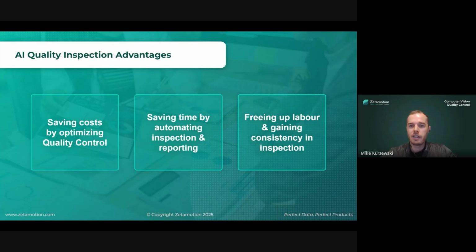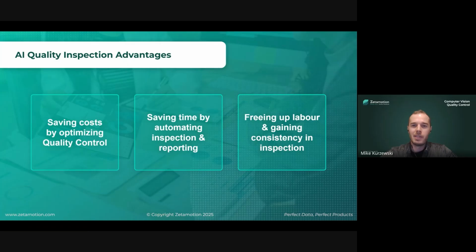And then obviously the last one is freeing up labor and gaining consistency in inspection. Now, with manual inspection, there's obviously a lot of human error and human fatigue. We've spoken to a few clients in the industry that are doing manual inspection, and some of them are inspecting thousands of parts per day, and it's a single person spending a lot of time staring at the same part coming through the line, and you can imagine they're getting tired.